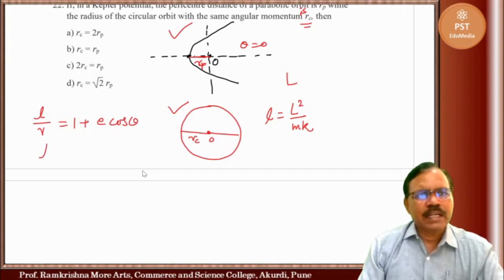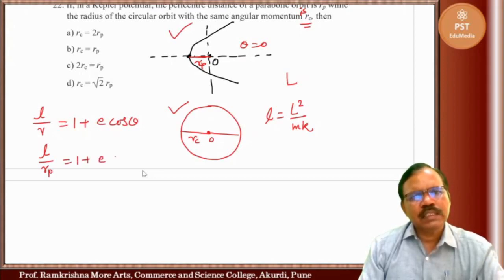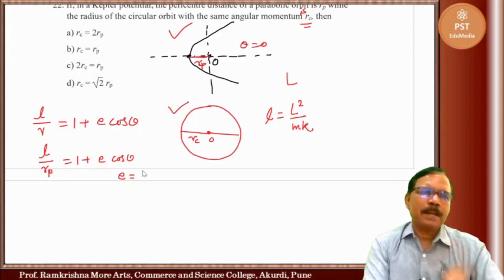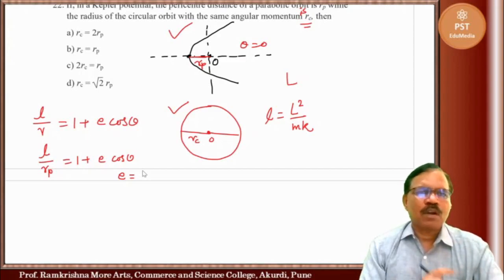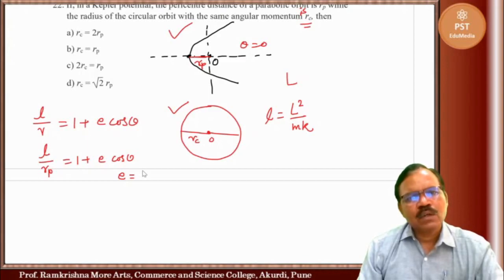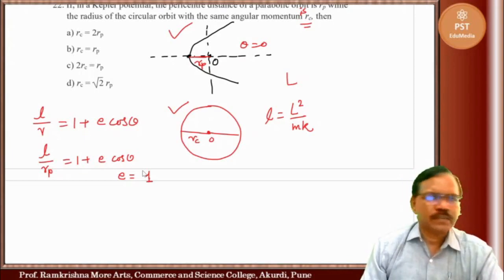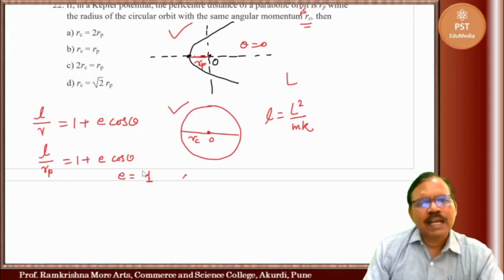So we can write l upon rp for the parabola as 1 plus e cos theta. But what is e for a parabola? For a parabola it is 1. And theta is 0 for this pericenter.